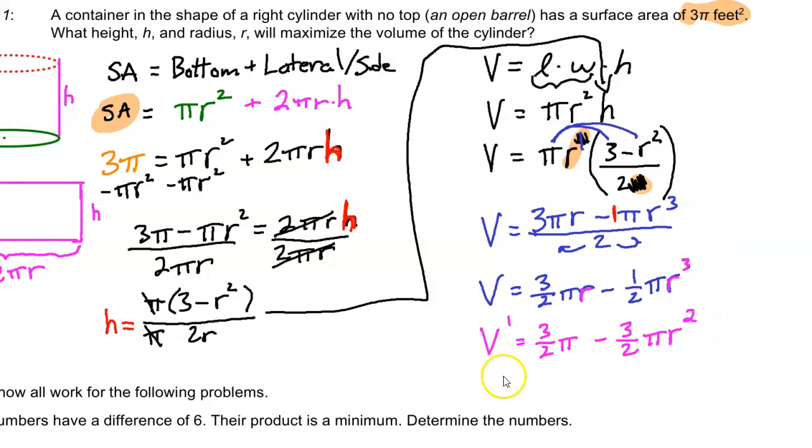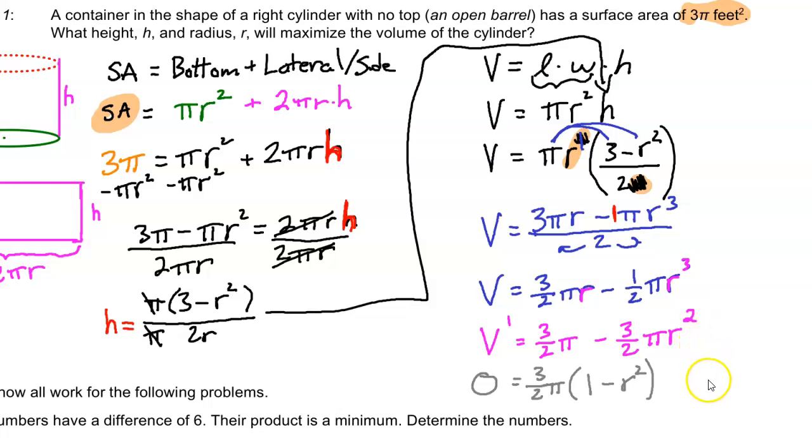So now I can finally set this equal to 0 and solve. And you probably notice right away, both of these have a 3 over 2 pi. That makes things really convenient, because we can just factor out 3 over 2 pi, and really quickly we're left with something that's solvable. So getting those extra numbers out of the way, I just need to set 1 minus r squared to 0.